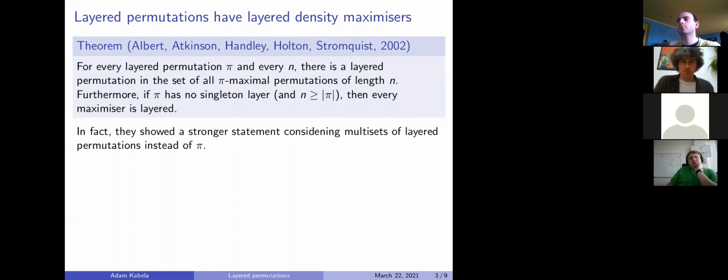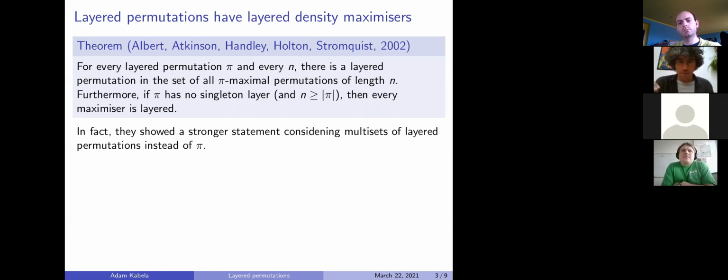And also note that the singleton layers in the pattern play a fundamental role for the structure of the maximizers.